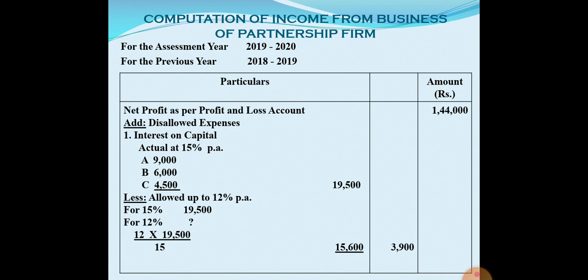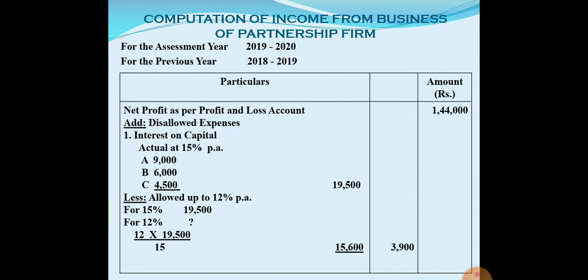First, we have to take the net profit as a base. Net profit as per profit and loss account is rupees 1,44,000. To this, we have to add disallowed expenses. The first item is interest on capital. Actual at 15% is 19,500, less allowed up to 12% per annum.